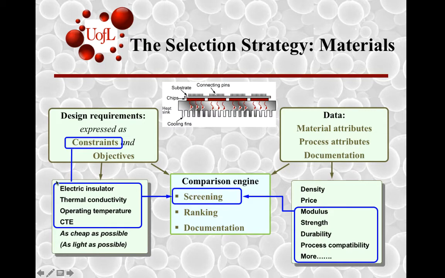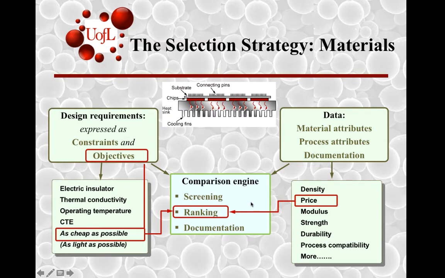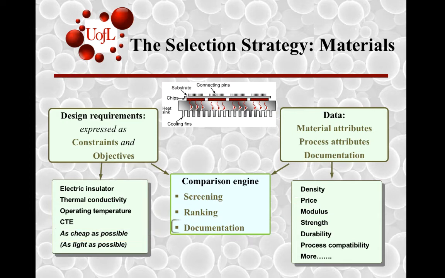The constraints of the design are screened, and based on the data of properties, you create a ranking of materials. The objectives are then put together based on a free variable, and then a documentation is created. From that, we begin to get a final selection.